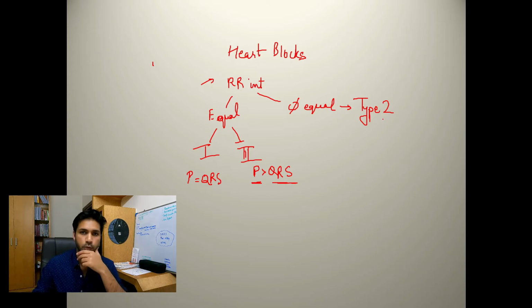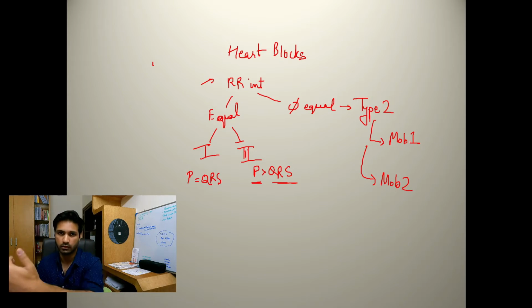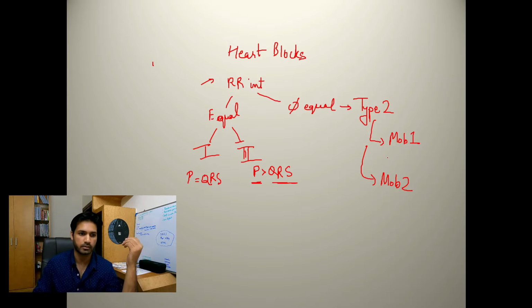Now in type 2 you have two types, Mobitz 1 and Mobitz 2. In Mobitz 1, the PR interval fluctuates. There's lengthening and more lengthening and more lengthening, and then a QRS is dropped. So the first PR, let's say, is this much, and then the next PR will be a little longer, and then eventually a QRS is dropped altogether.